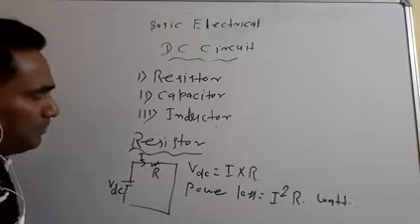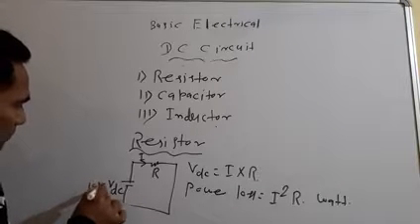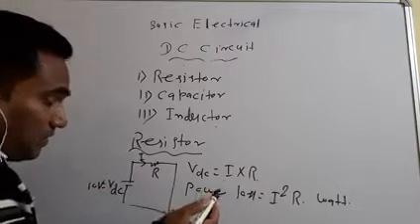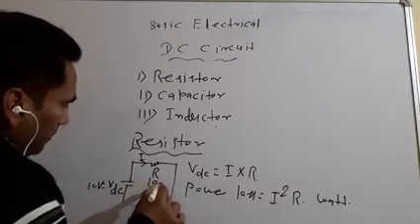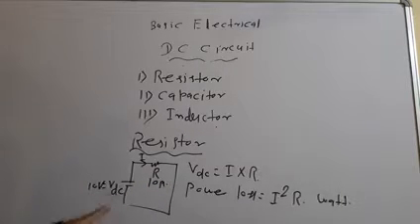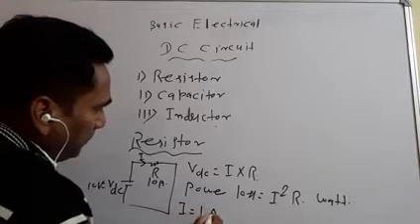For example, if 10 volt is the supply and the value of resistance is given as 10 ohm, then how much is the current flowing through the circuit? Obviously 1 ampere.